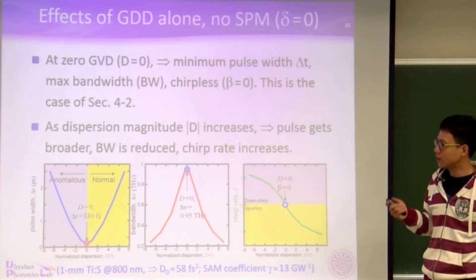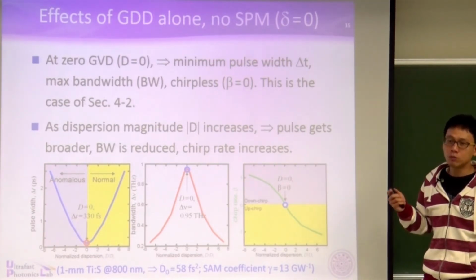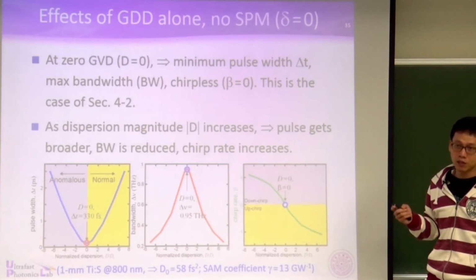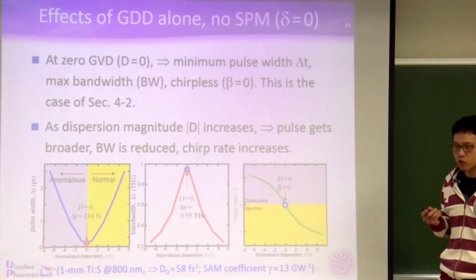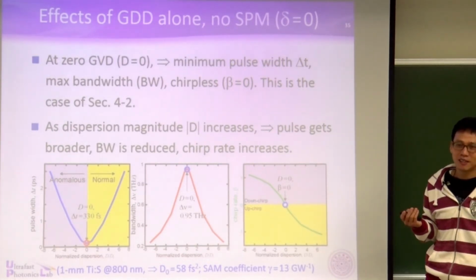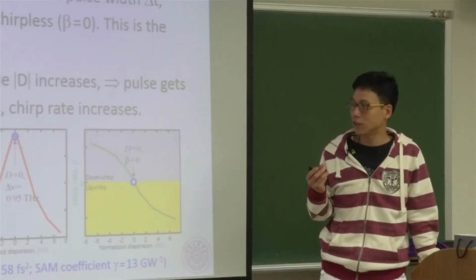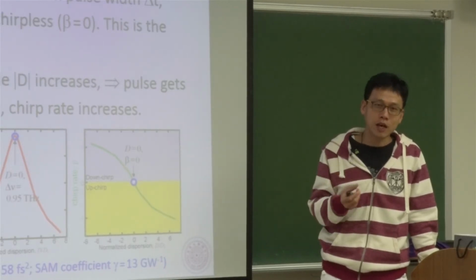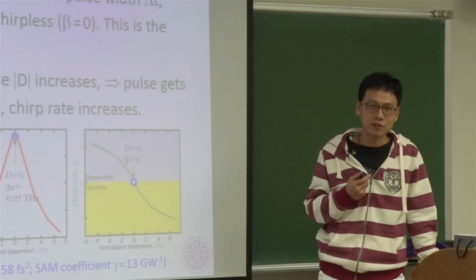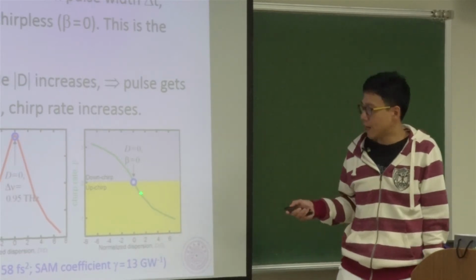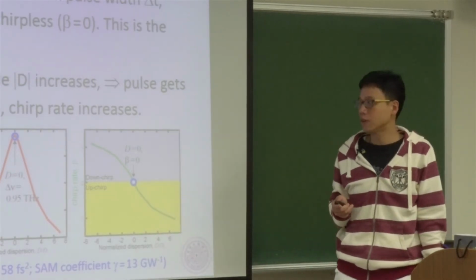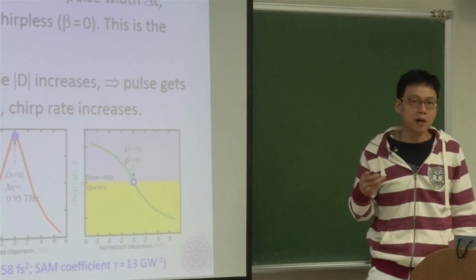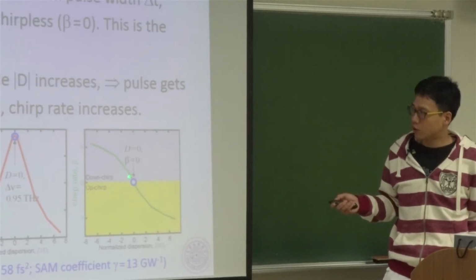That means the steady state has more and more serious down chirp as big D is more and more negative, which is intuitive, right? 我的材料的色散越来越严重，那我 steady state pulse 就会带着越来越大的 down chirp，这两个本来就是一致的。On the other hand, if your material dispersion is more and more positive, your beta coefficient is more and more negative.